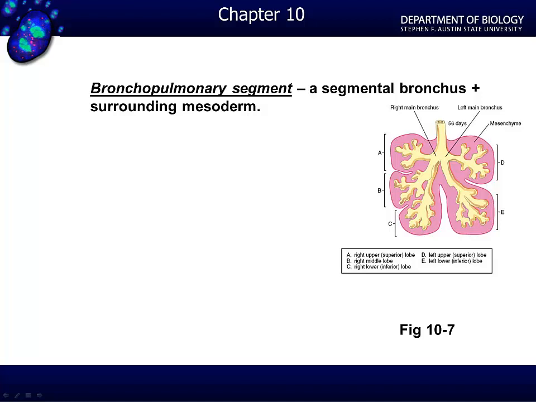So if one bronchopulmonary segment gets damaged, then you are not going to affect any of the other areas, even on the same side of the lung, maybe on the right side. So bronchopulmonary segments are isolated by connective tissue septa, so if that part of the lung gets damaged, you're not going to lose function in the other segments of the lung. And again, as we mentioned, those 17 orders of branches will be complete by week 24.